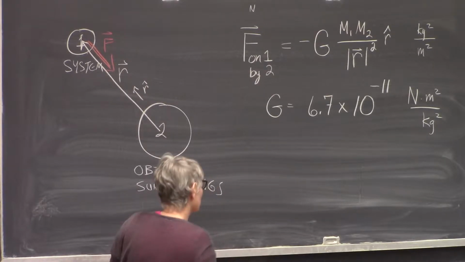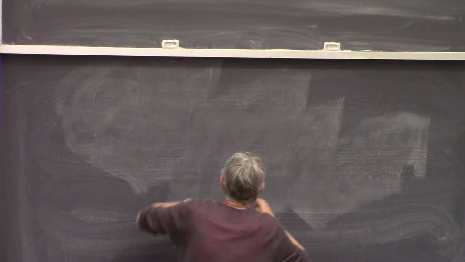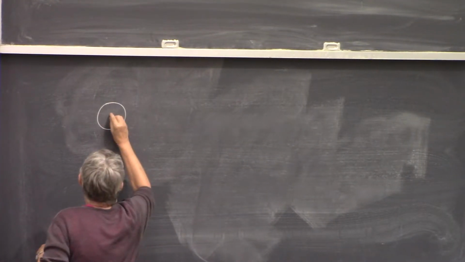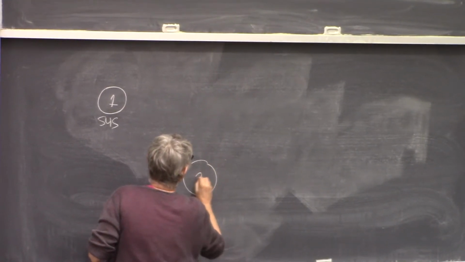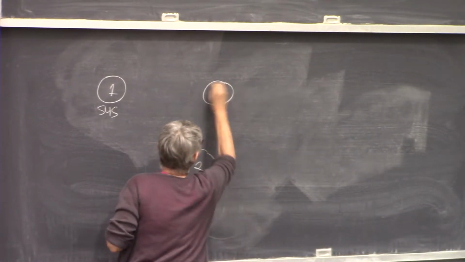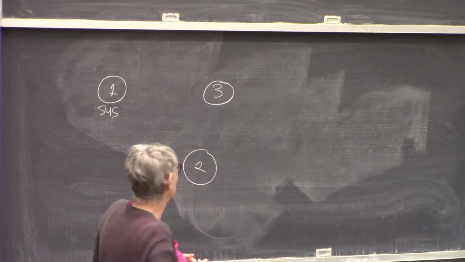That's a really good question. So suppose here's our system, but in addition to object 2, we've got an object 3 in the surroundings.